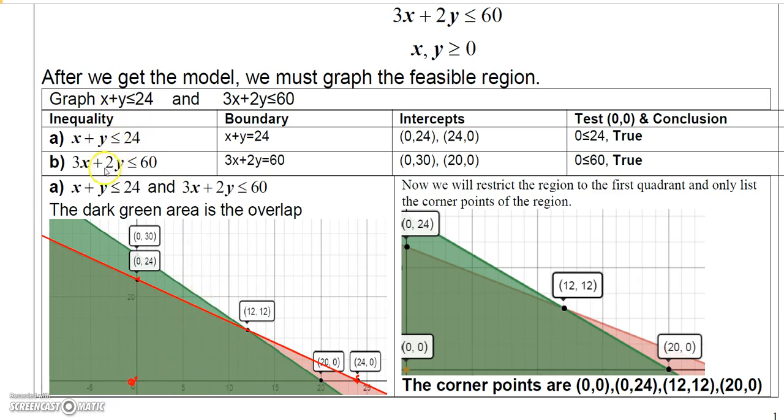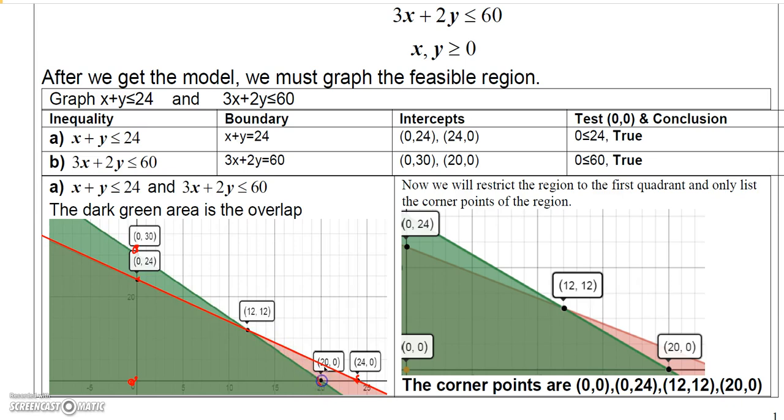Then to graph the other inequality, 3x plus 2y is less than or equal to 60, you graph the boundary 3x plus 2y equals 60 by finding the intercepts. The intercepts for this boundary are 0, 30 and 20, 0. So 0, 30 would be right in here somewhere, and 20, 0 would be right here.